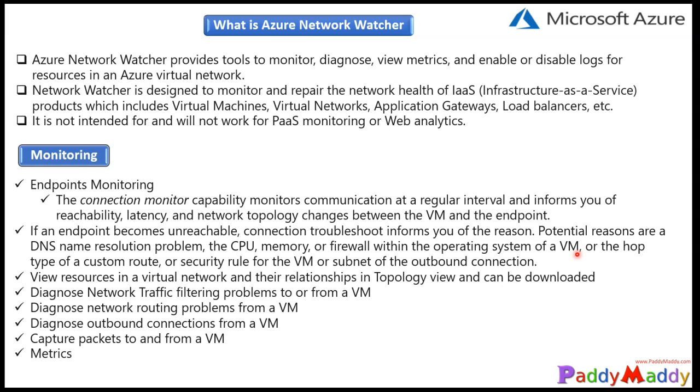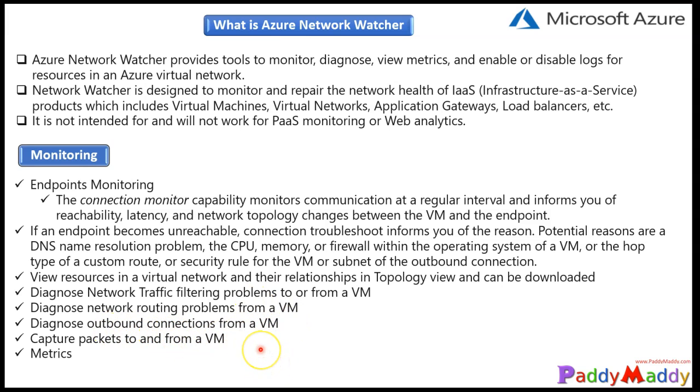So all that information you can check directly from the Azure Network Watcher, and you can diagnose network traffic filter problems. You can do almost all kinds of diagnostics specific to the network, such as routing problems, network filtering, traffic filtering, and also outbound connection for a specific VM.